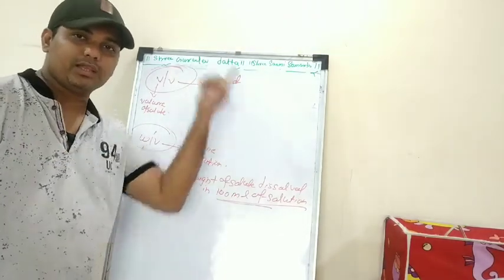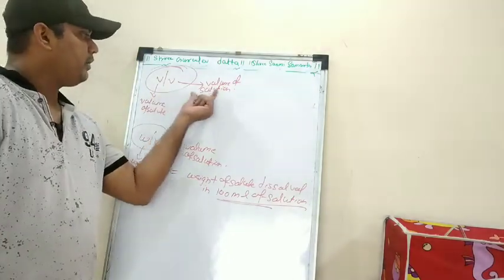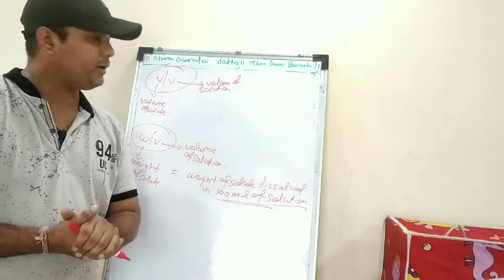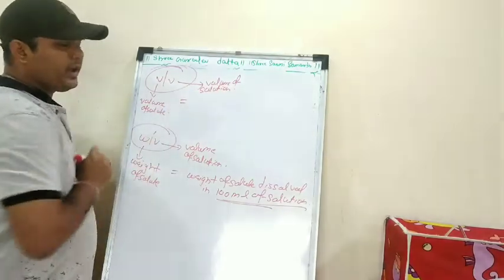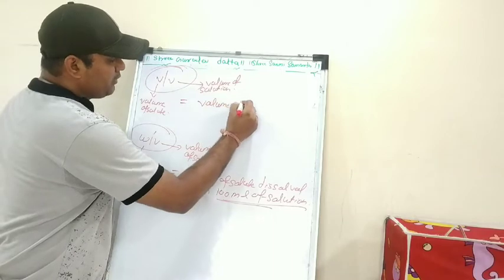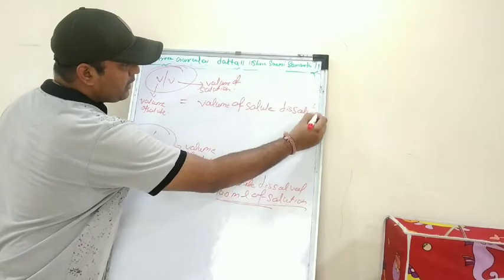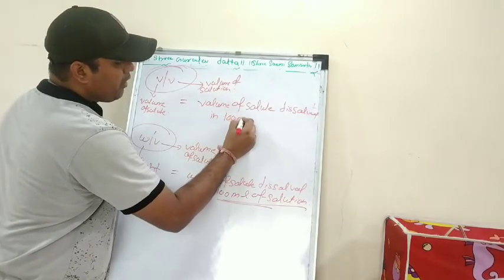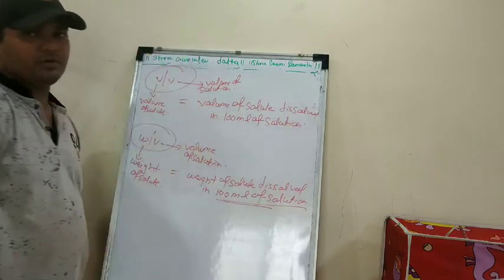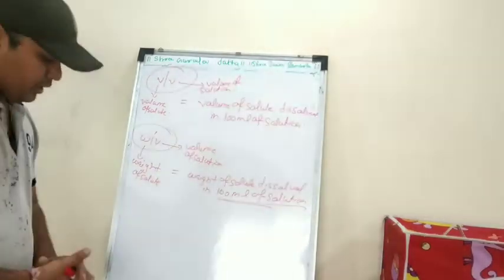So in all the three cases, W by W, W by V and V by V, it will be volume of solution and weight of solution, right? Now let's define this. What will be the definition of this? Volume of solute dissolved in 100 ml of solution. I hope that you are understanding this. This is a very simple method, right?